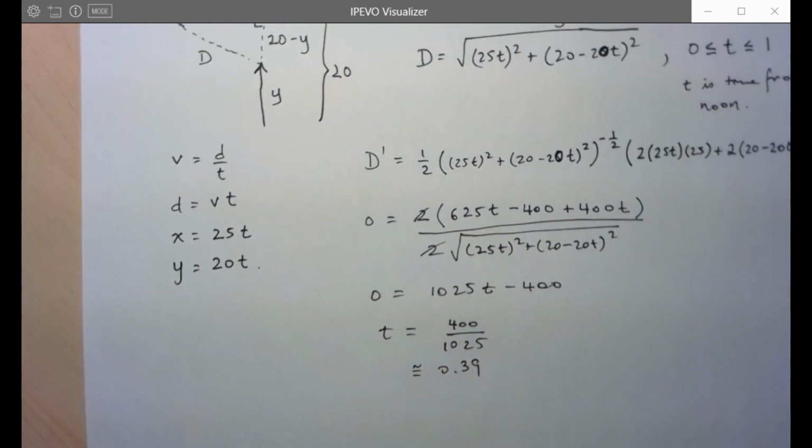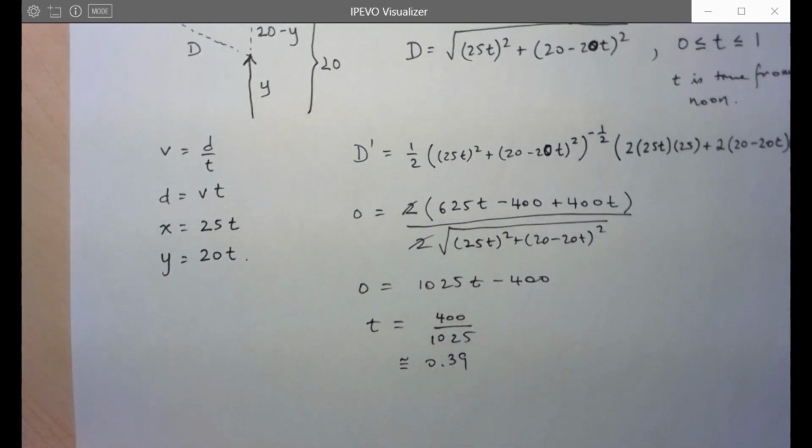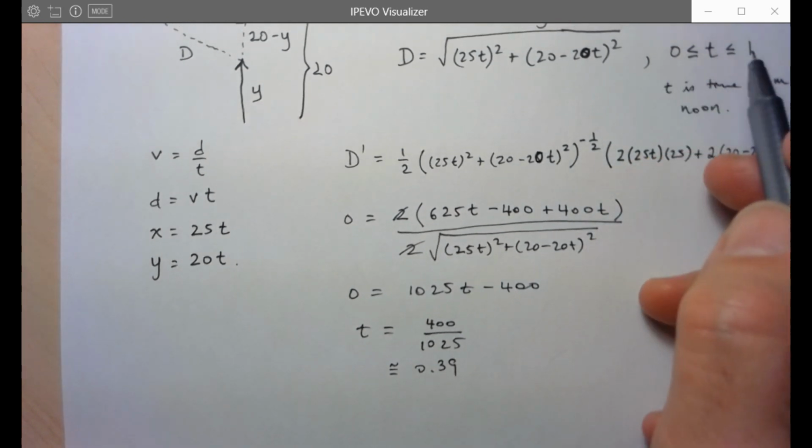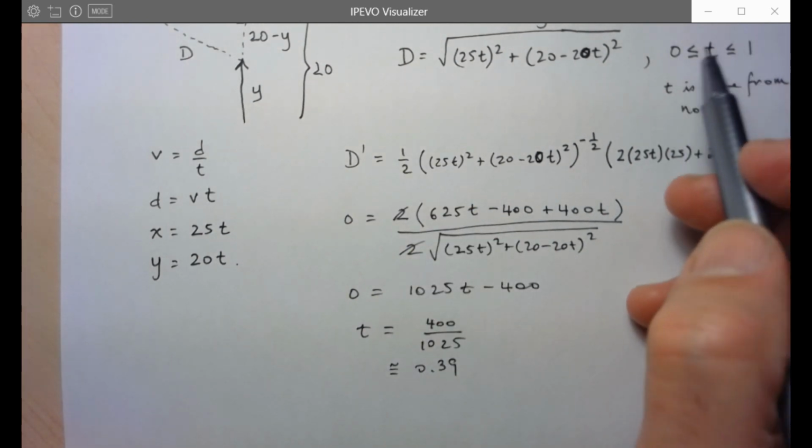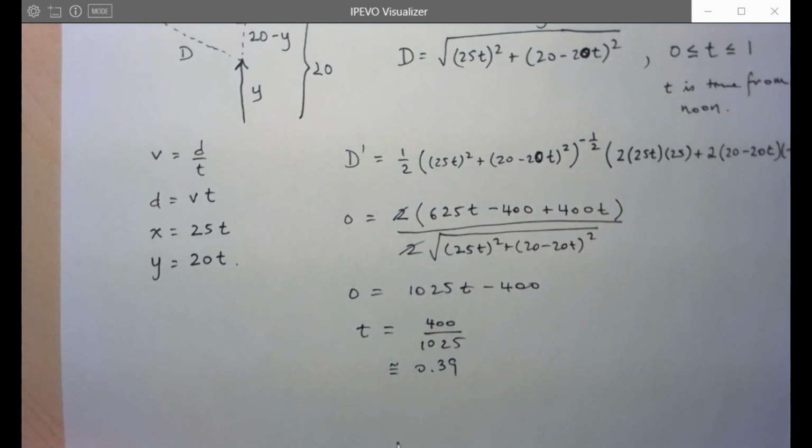And in fact, this is our only critical point. Because we're working on a closed interval, all I have to do now is test the distance at the critical point and test the distance at the 2 endpoints, and whichever is smallest is going to be our absolute minimum.